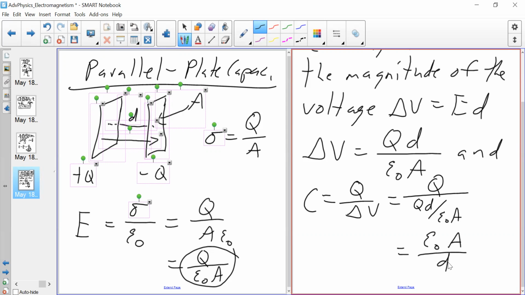That is your capacitance. The capacitance can be expressed Q over delta V if you have charge and voltage. Or if you have area and distance, you can express it in this way.